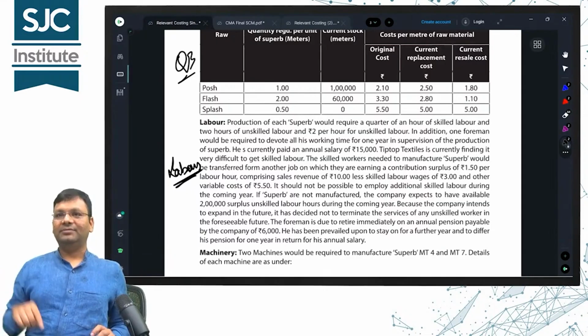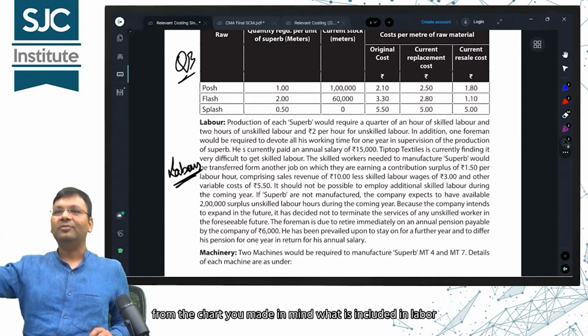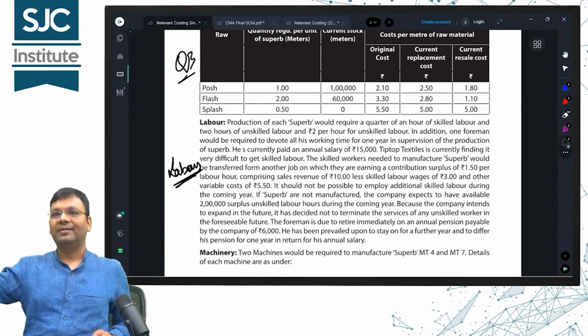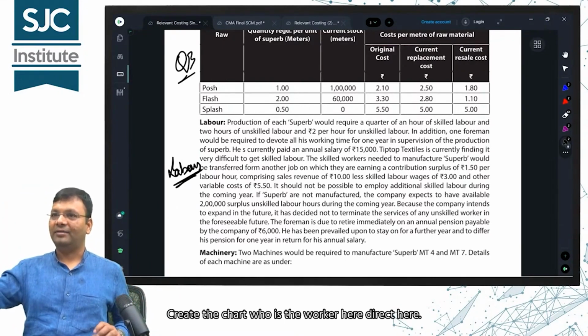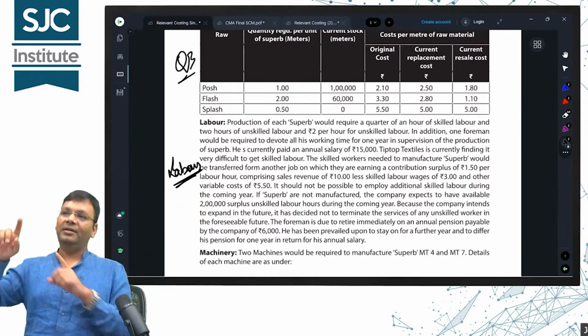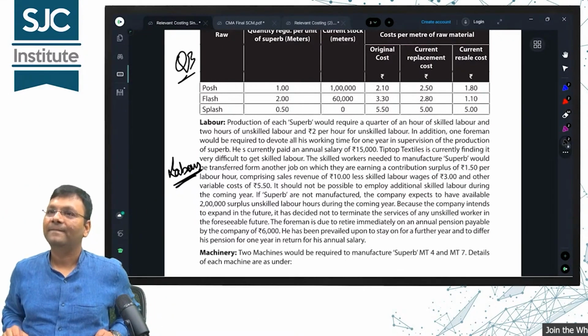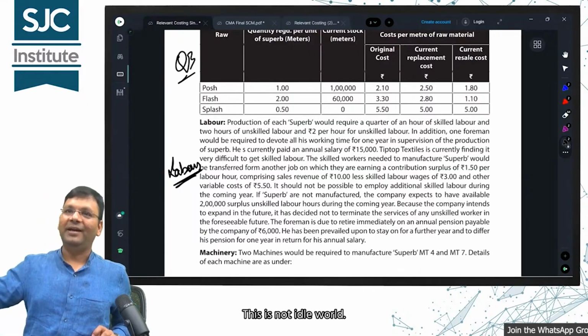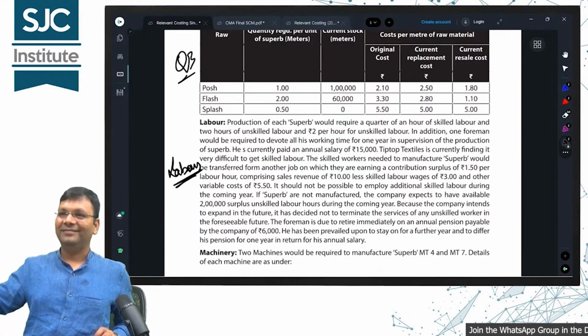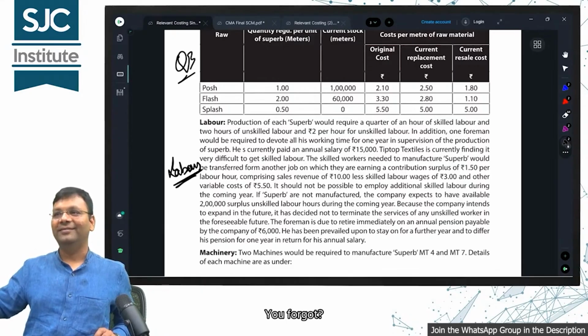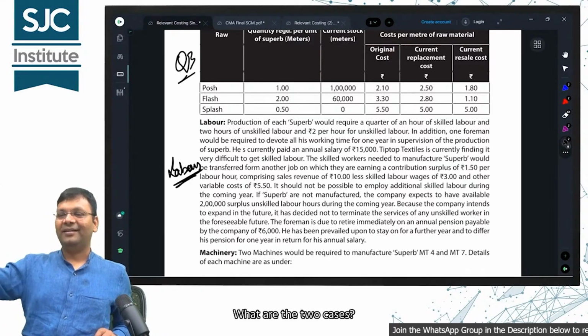What happens here? From the chart you made in mind, what is included in labor? Create the chart. Who is the worker here? Direct here. Indirect are 2 cases, because this is not an idle world. You forgot? What are the 2 cases?